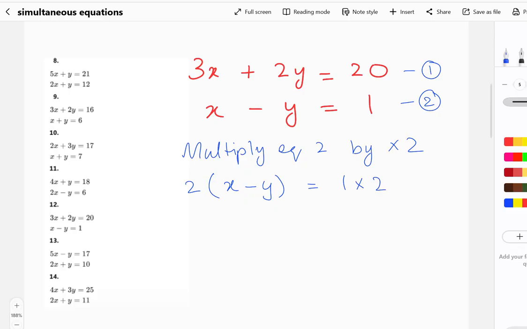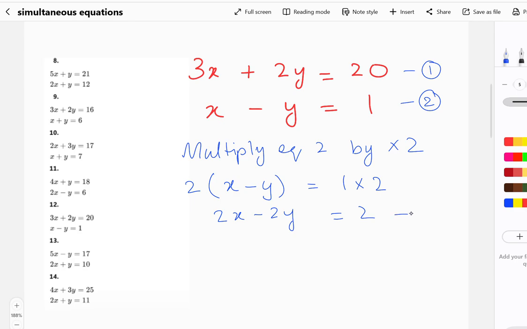The whole equation is multiplying. Are you getting what I'm doing here? So it's going to be 2x minus 2y equals 2. I could have directly multiplied it, but you would have gotten confused, so I just wrote this step. So 2x, 2y, and then 2.